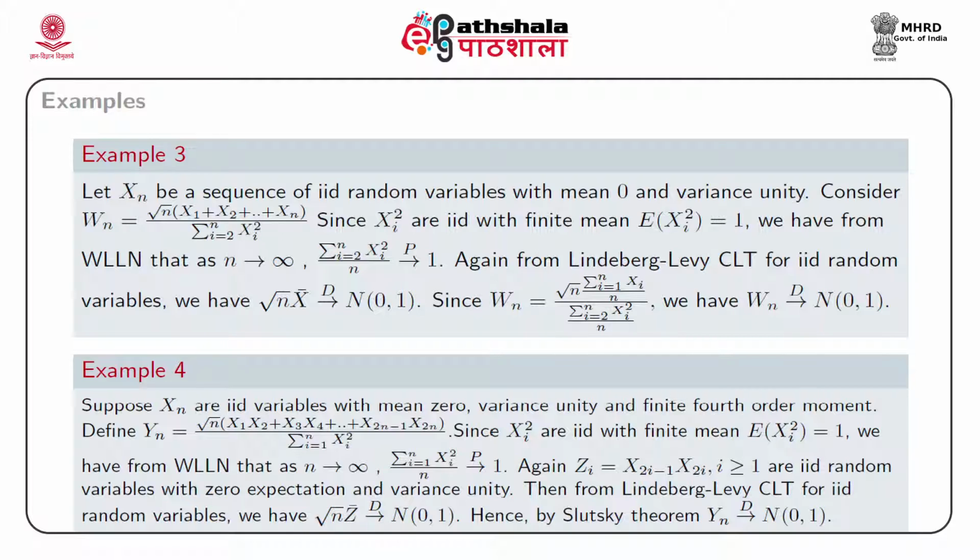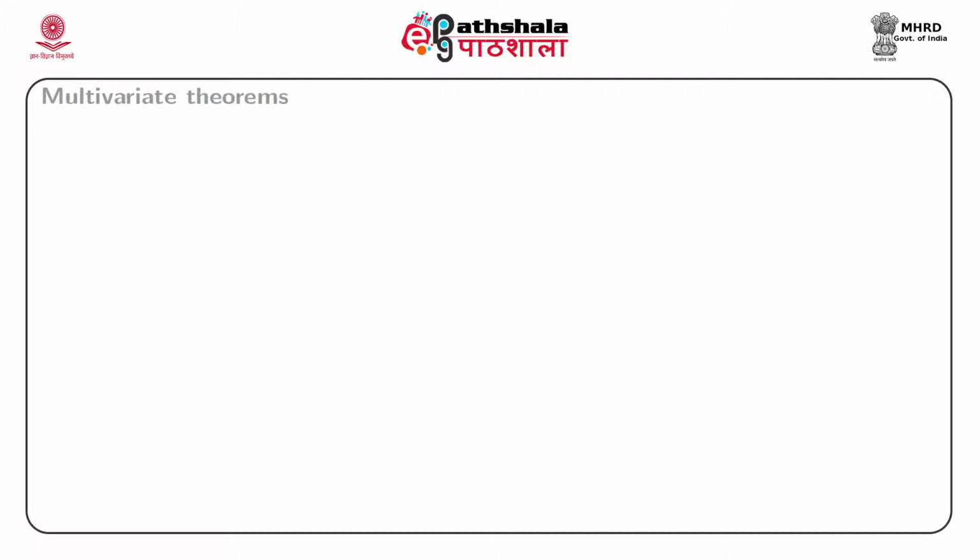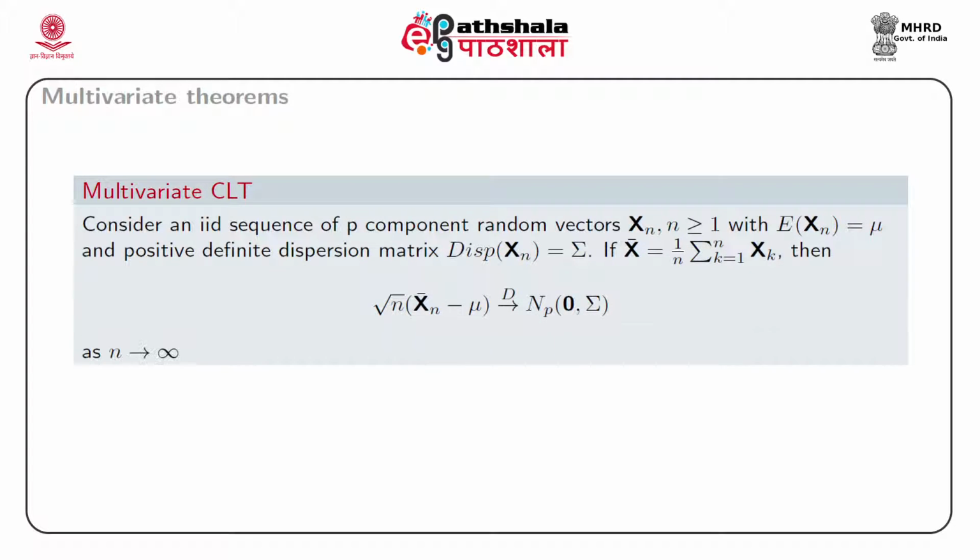Next, we shall discuss multivariate central limit theorem. So far we have discussed central limit theorem for univariate random variables, but often we have random vectors or sequence of random vectors, and as earlier we need to apply or develop central limit theorem for such sequence of random vectors. So we shall discuss one such central limit theorem now.